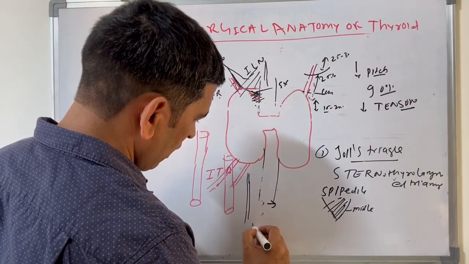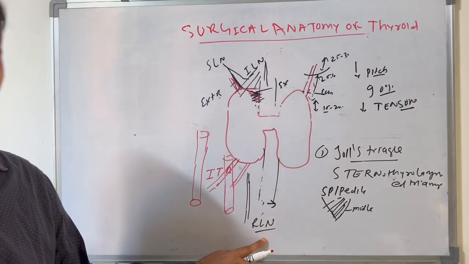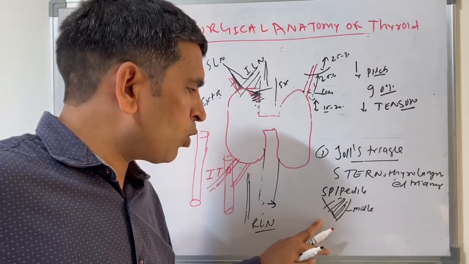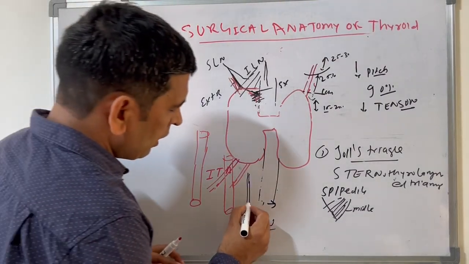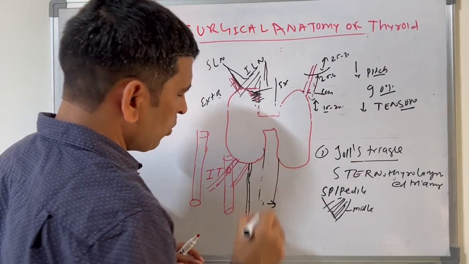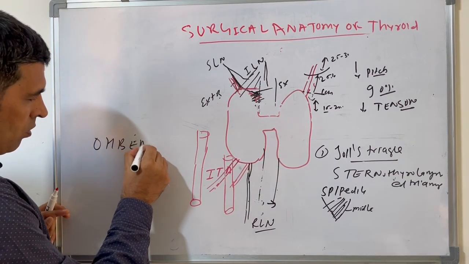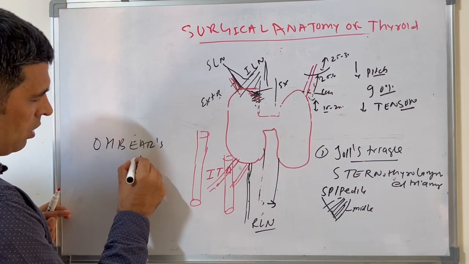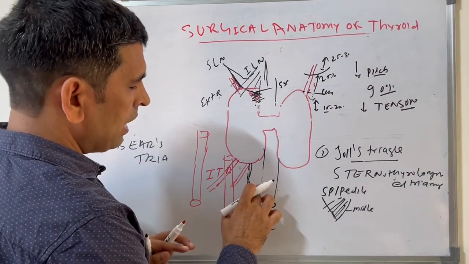This is called recurrent laryngeal nerve, coming from below the subclavian on the right side and below the arch of aorta on the left side. So this recurrent laryngeal nerve forming here one important triangle called Oh-Weir's triangle. That triangle formed by this midline, this.